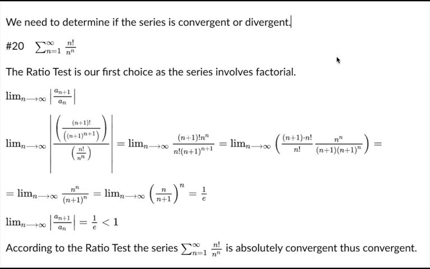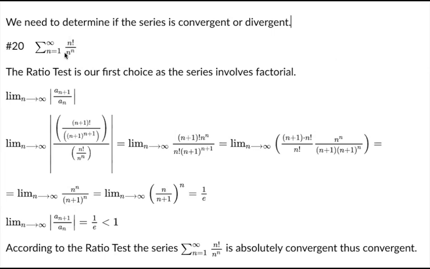because factorial is involved. The ratio test requires us to find the limit of the absolute value of two consecutive partial sums, a sub n plus 1 over a sub n. It's a ratio. And in order to do so, we take, in the numerator, this expression, but we replace n with n plus 1.